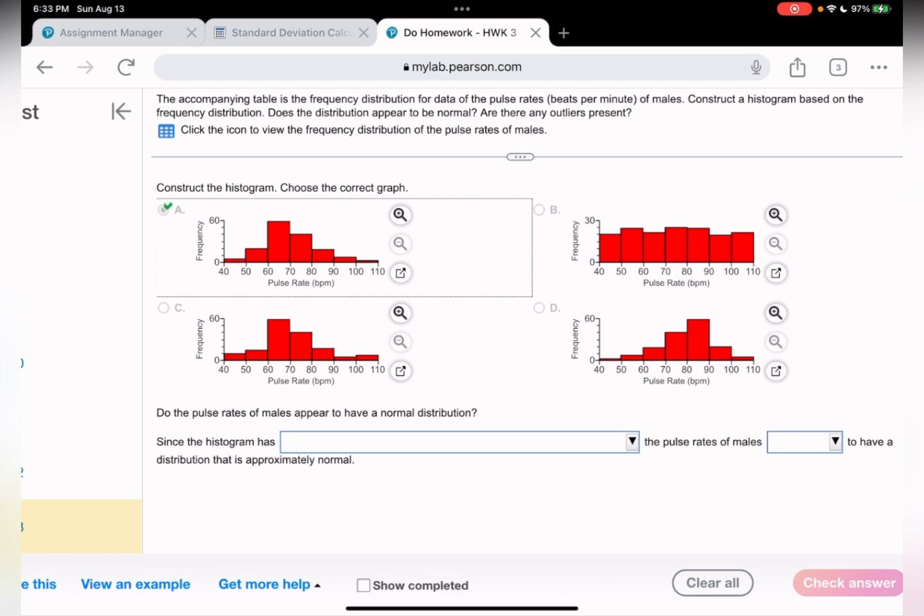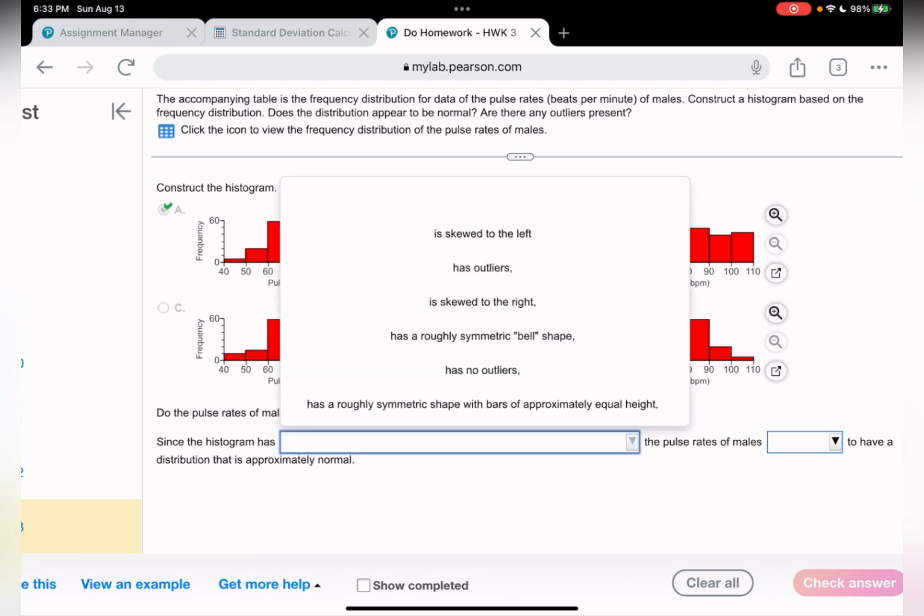Approximately, we can say it's bell-shaped. We can't say it's skewed to the right because on the left side it's also going down. And we can't say skewed to the left because on the right side also. So we're going to say approximately, or here it says, roughly symmetric in double quotes.